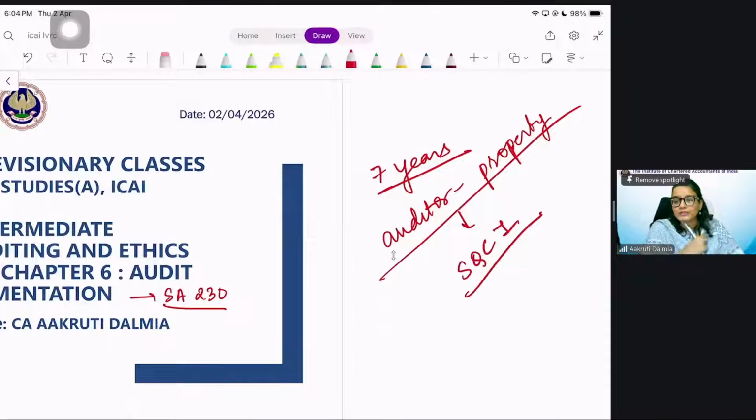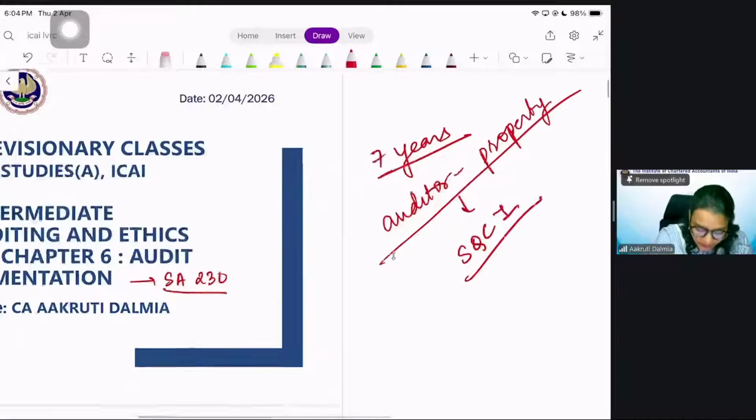So remember these points that I have done quickly with you for MCQ purpose. Audit documentation's standard number is SA 230. Audit documentation has to be retained for at least 7 years. SQC 1 tells that audit documentation is the property of the auditor. Now quickly tell me, what is another name for audit documentation?